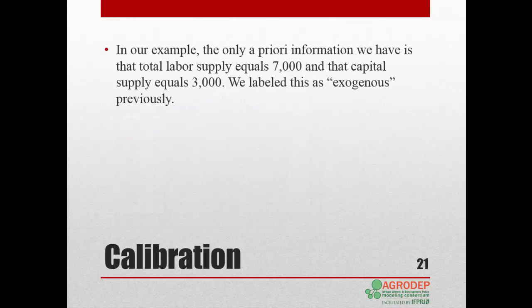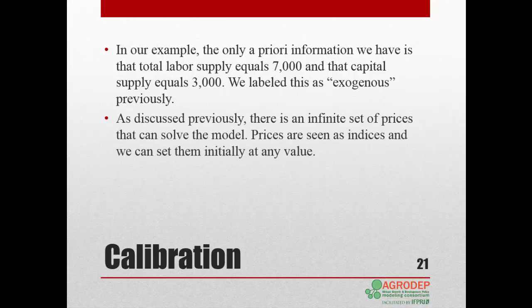In our example, the only known values are the total supply of labor equal to 7,000 units and the total supply of capital equal to 3,000 units. Recall that previously we referred to these variables as exogenous. As discussed previously, the model can solve for an infinite set of prices.